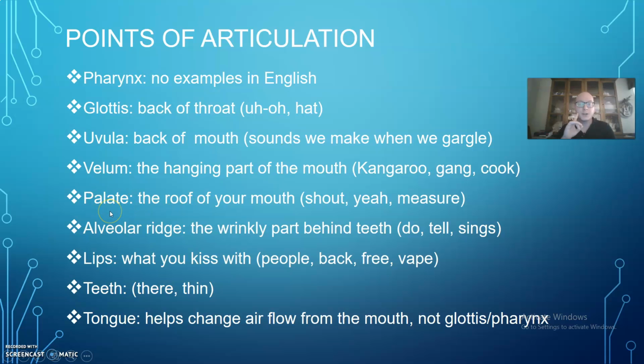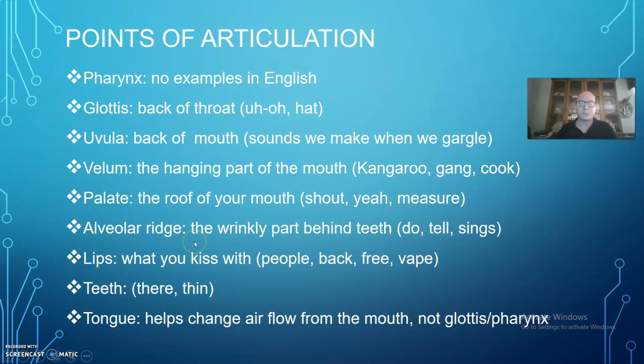The palate is simply the very top roof of your mouth. And this is where we make words that are referred to as either glides, approximates, or fricatives. That's a topic for another video, but it's where we make the sounds for sh, y, and z, among others.